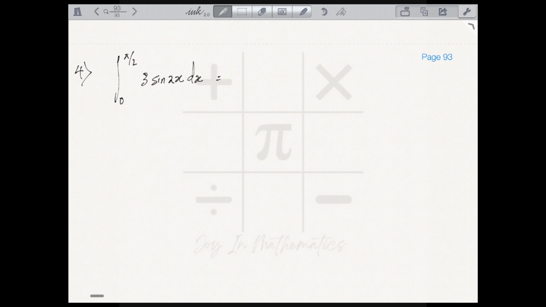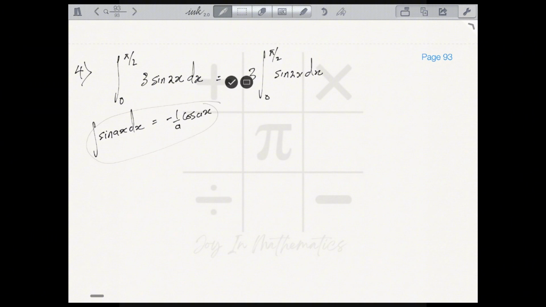3 is a constant, it can be brought outside the integral, and we have 3 times the integral from 0 to pi over 2 of sine 2x dx. Now let's take a quick recap. When we are asked to integrate sine ax with respect to x, we will have -1 over a cos ax.